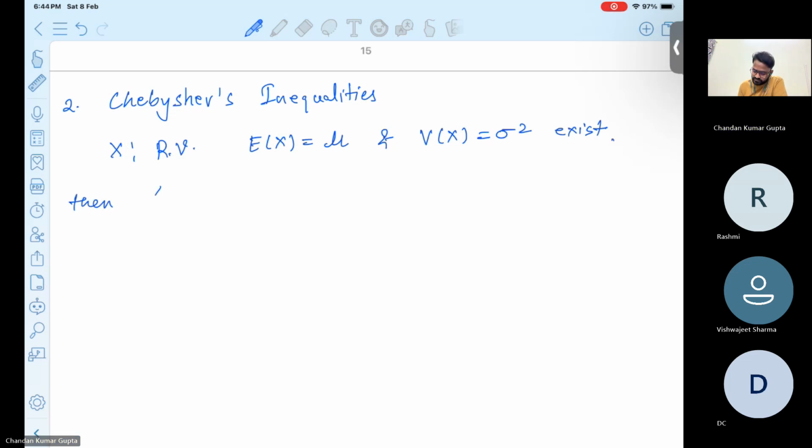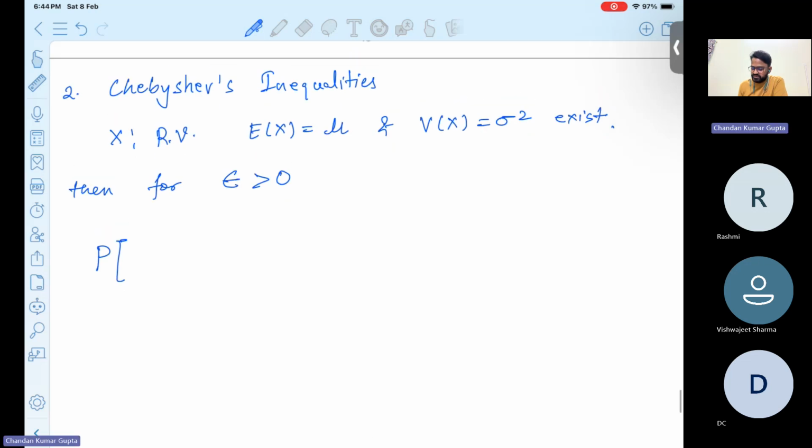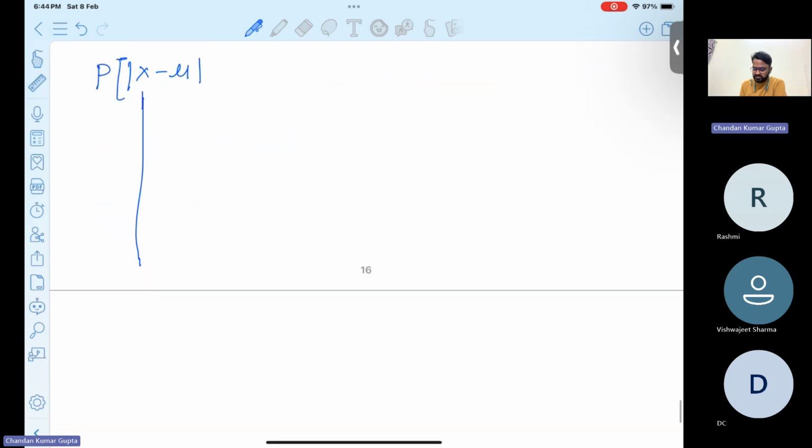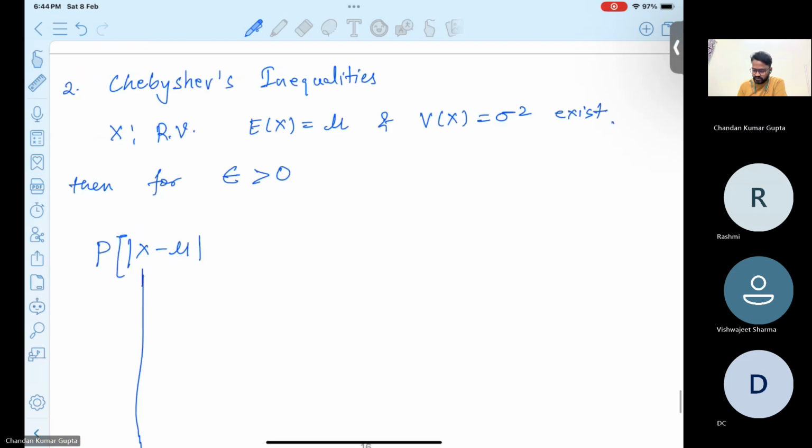Then for an arbitrarily small value epsilon greater than 0, let me write the general form first, then I will replace this with mu.